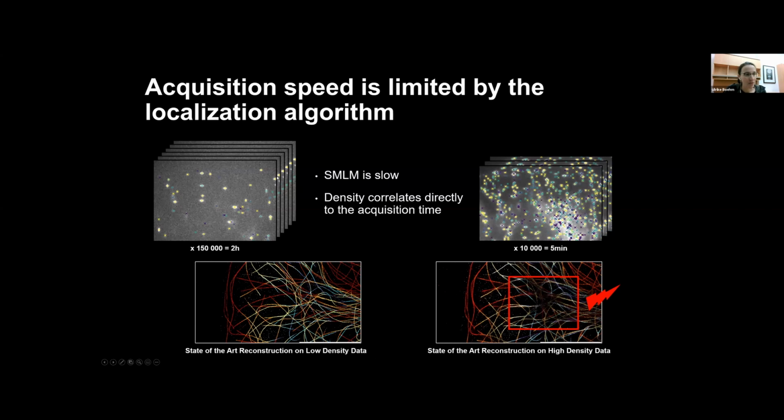But if you want to compress that, meaning take fewer images and therefore be done faster, which would also be handy in order to, for example, use single molecule localization microscopy for any type of live cell imaging, you end up with the problem that you suddenly have overlapping fluorophores. And these overlapping fluorophores make it hard for your algorithm to extract the localizations properly.